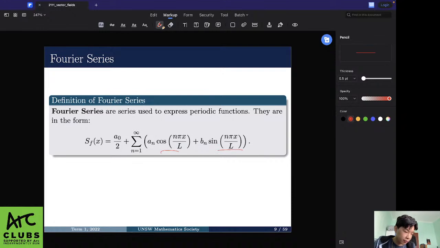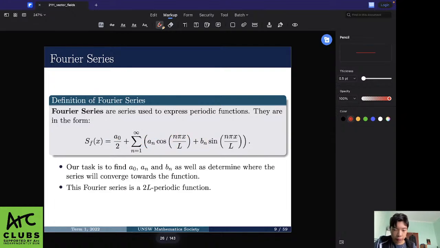And of course, we also have coefficients, an and bn in front of these cosines and sines. And then we have an a0 term divided by 2 on the outside. Now, on the inside of our cosines and sines, we also have an n pi x on L. So you don't really need to worry too much about what this means, but it's just good to memorize n pi x on L.